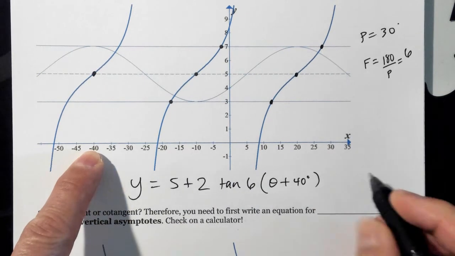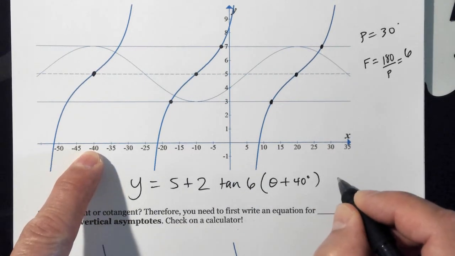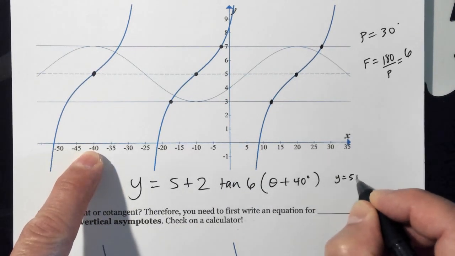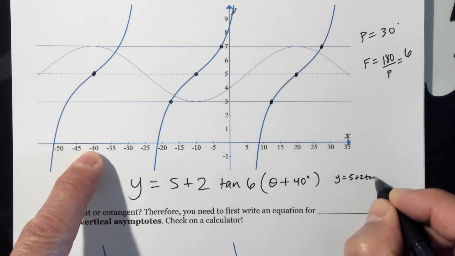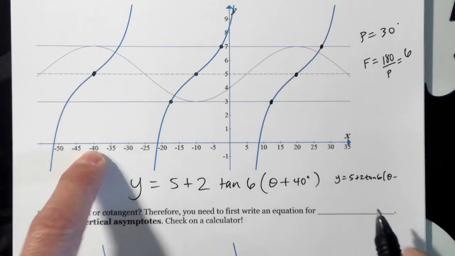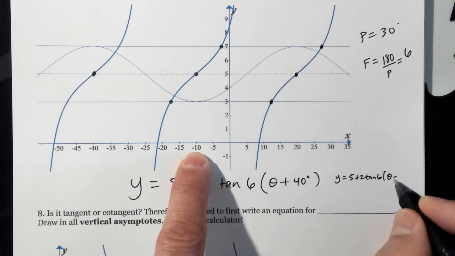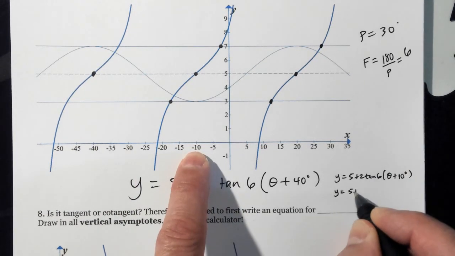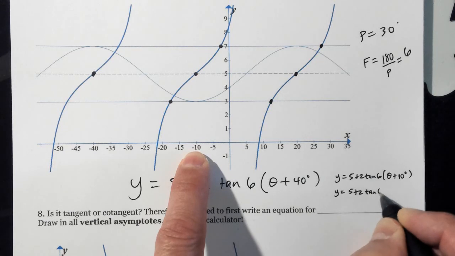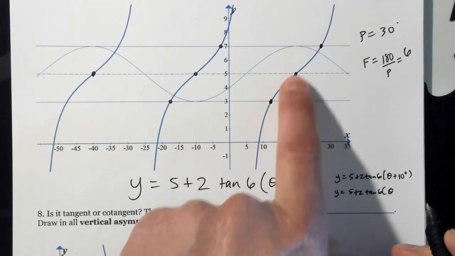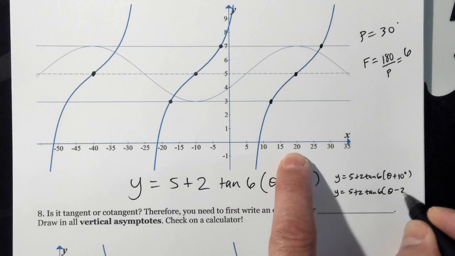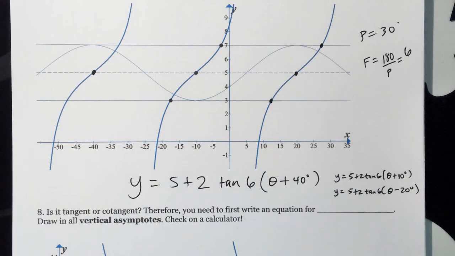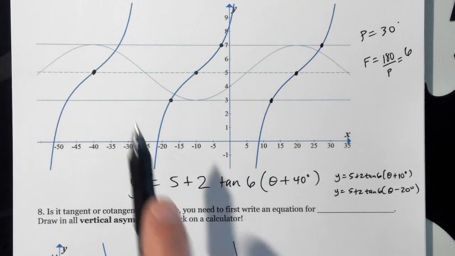I'm going to write the whole thing all over. 5 + 2 tangent 6 theta minus. I could use +10. That's another acceptable answer, and then another acceptable answer is -20. Voila. There, 3 acceptable answers.